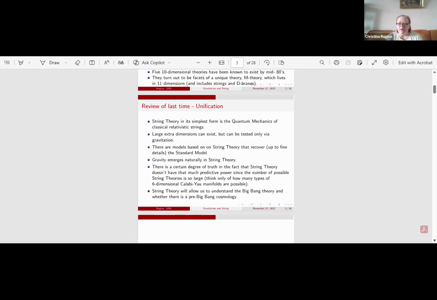Another thing is that gravity emerges naturally in string theory. Closed string theory will have a graviton present, and that is a sign of the emergence of quantum gravity from string theory. So you can say that string theory is a theory of quantum gravity. Also, string theory will allow us to understand the Big Bang and whether it is a Big Bang cosmology or not.